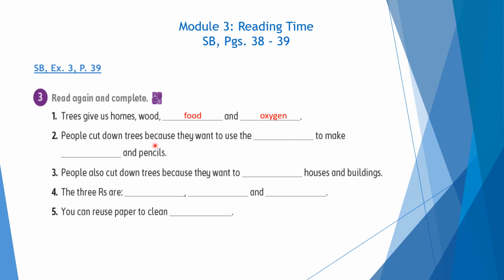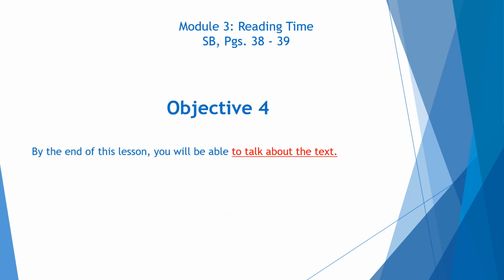People cut down trees because they want to use the wood to make paper and pencils. 3. People also cut down trees because they want to build more houses and buildings. 4. The 3 R's are reduce, reuse, and recycle. 5. You can reuse paper to clean windows.